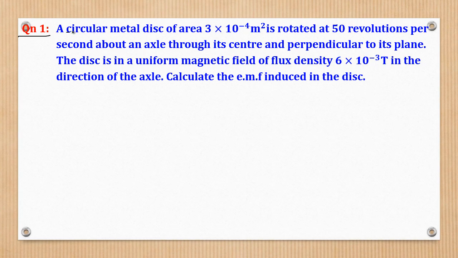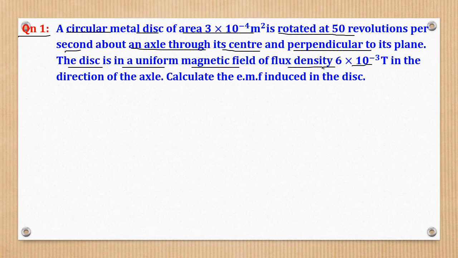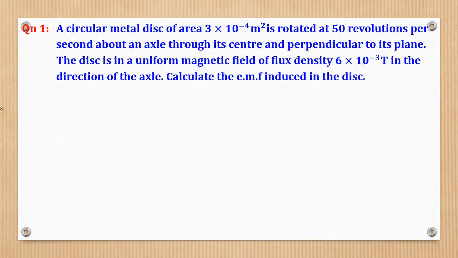Question 1. A circular metal disc of area this is rotated at 50 revolutions per second about an axle through its center and perpendicular to its plane. The disc is in a uniform magnetic field of flux density this in the direction of the axle. Calculate the EMF induced in the disc.